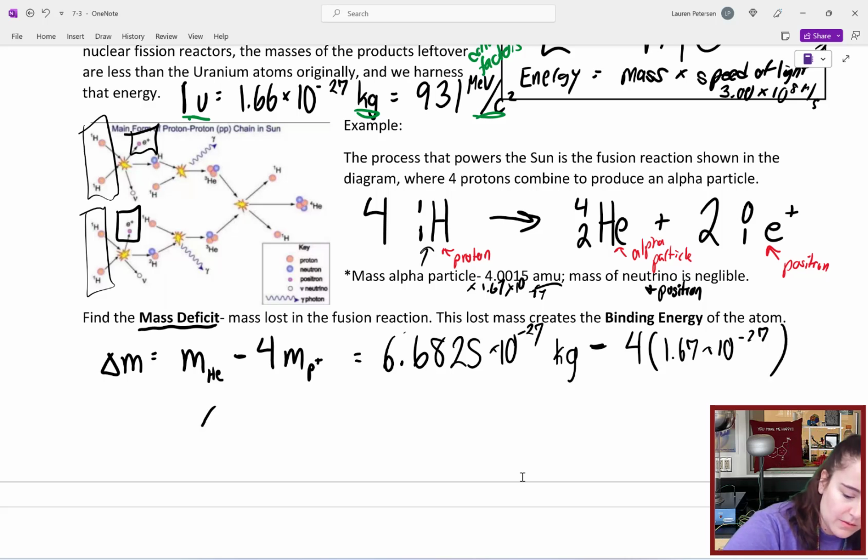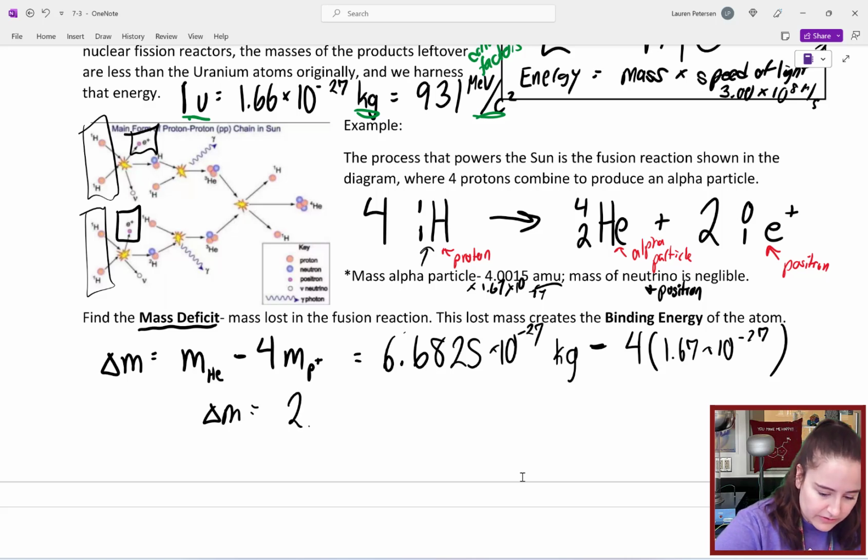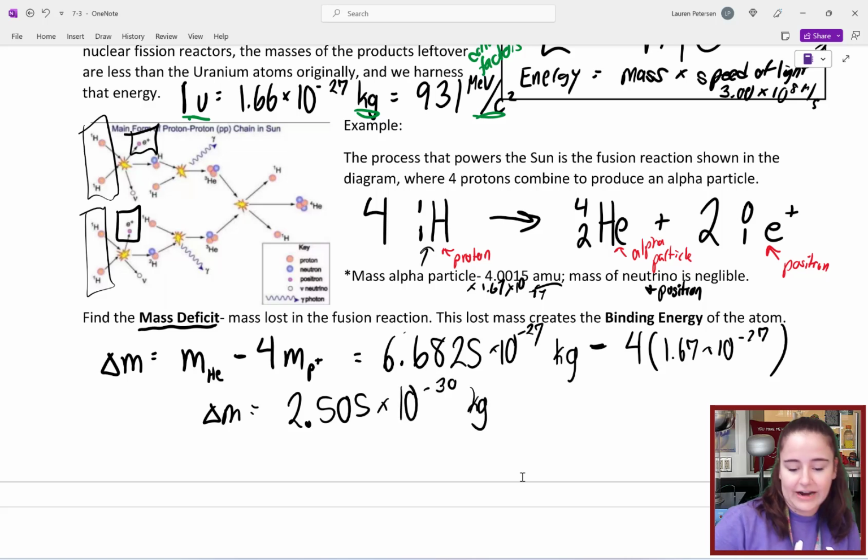With that, we get a mass deficit of 2.505 times 10 to the negative 30th kilograms.